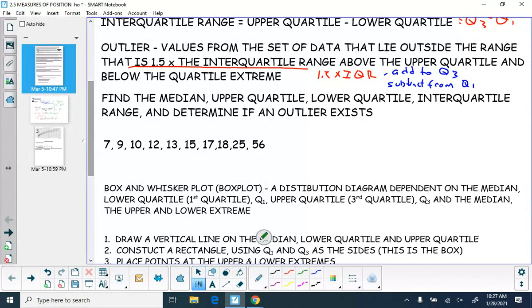First off, let's find the median. What's your median? What's the median? Landry, what's the median? 14's not even up there. How'd you get 14?